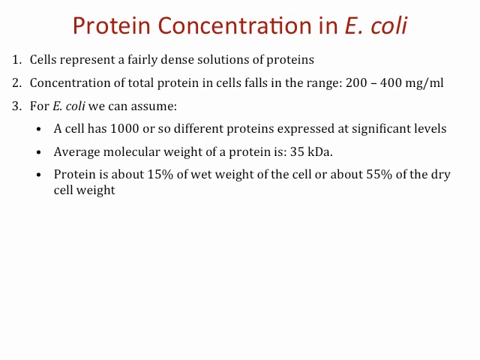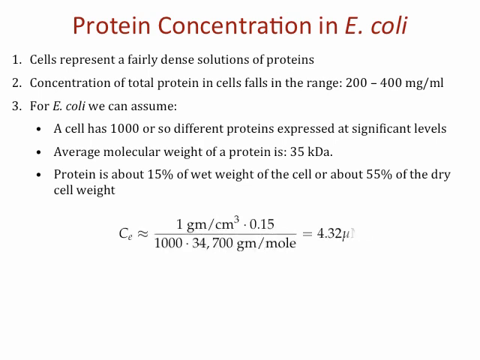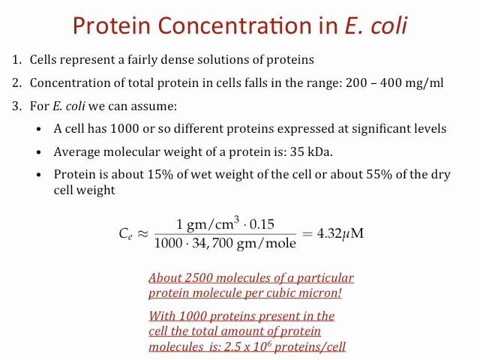An E. coli cell is maybe expressing about 1,000 proteins at a given point in time. The average size of a protein is 35 kilodaltons, and there's the number I just gave. 15% of the wet weight is protein, and so you can calculate based on this that the average protein concentration is about 4 micromolar, which corresponds to about 2,500 molecules of a particular protein per cubic micron, and that is a small number.